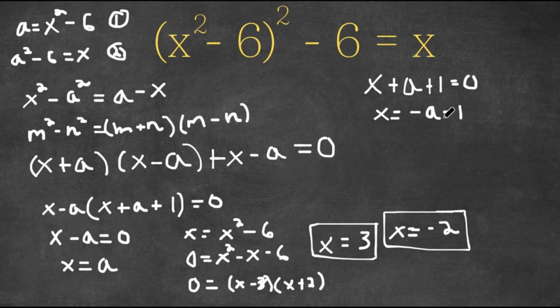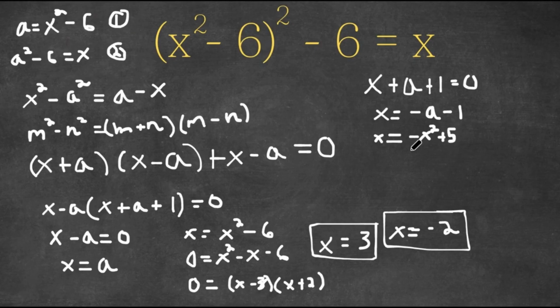And I'm actually going to plug in a. A is x squared minus 6, so this means x is equal to negative 1 times x squared minus 6 is negative x squared plus 6 minus 1, and 6 minus 1 is 5. So we have negative x squared plus 5.